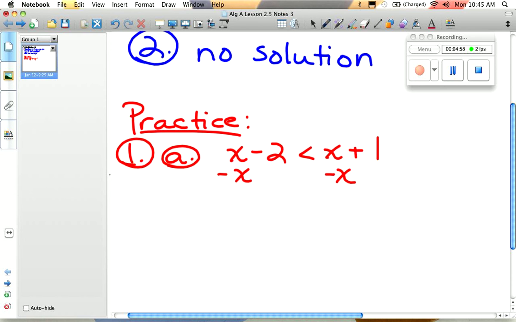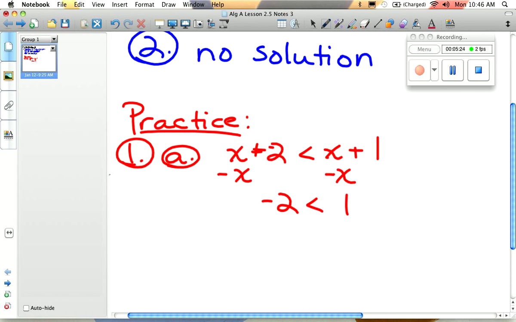Now remember, if this is subtract 2, we can change that to add the opposite, so that's really a negative 2, isn't it? So x take away x, what happens? There's no x left on that side, so we have negative 2 to bring down. x take away x on the right side, what happens? There are no x's on the right side, so we bring the 1 down.